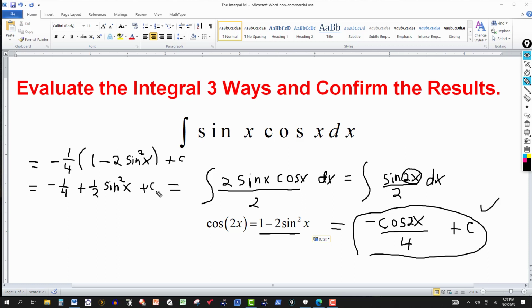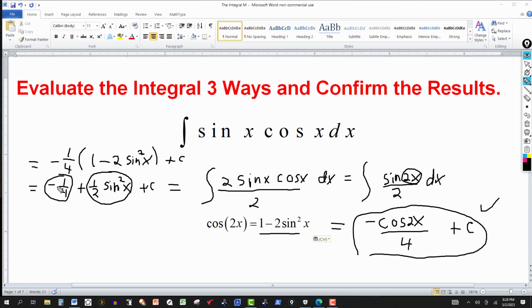Now for the first answer, all I got was this. For the first answer, using the first U-substitution, we got 1/2 sine squared x, or you can rewrite that as sine squared x over 2. And then you might say, well, look, we have another extra number here, minus 1/4.